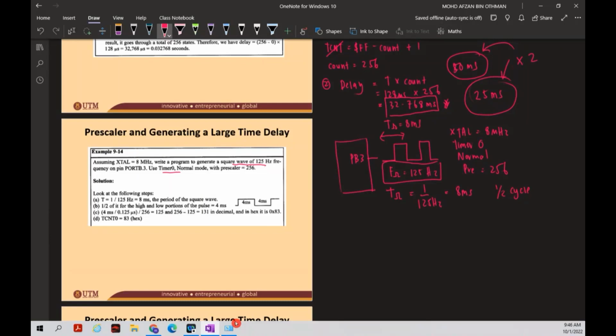Half cycle equals 4 milliseconds, which is actually the delay that you're going to generate. The half cycle is a delay to produce a logic 1, then produce logic 0, call another delay to produce a logic 1.